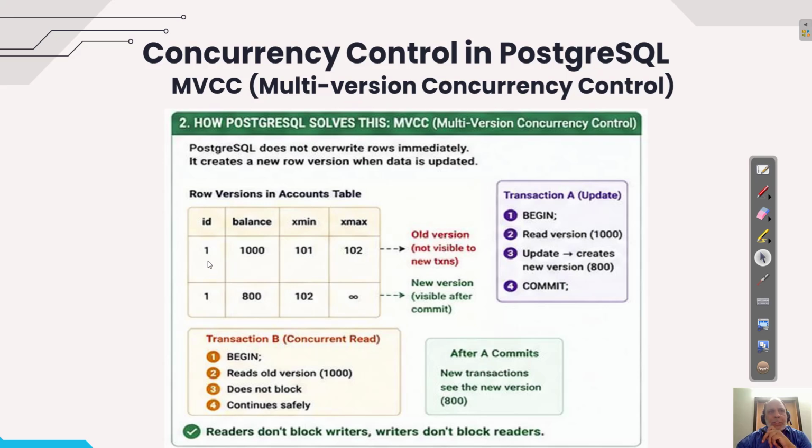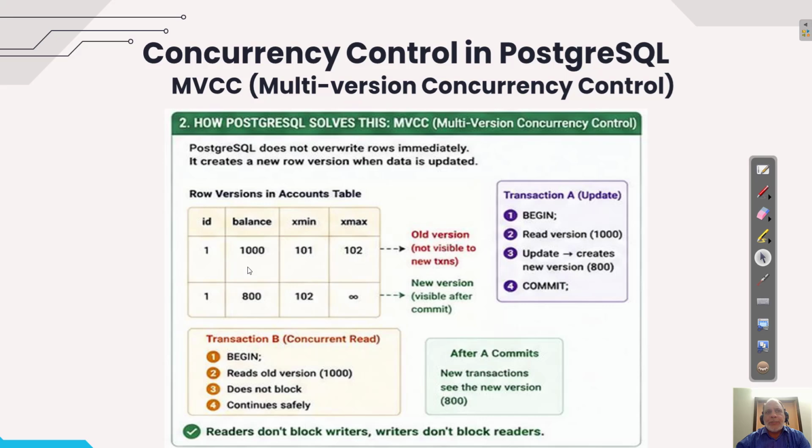For example, the initial ID1 balance is 1000, and transaction 1 updates the data to $800. This is the new version. It will add a new row. At the same time, transaction B is executed and it will read the old version, 1000.